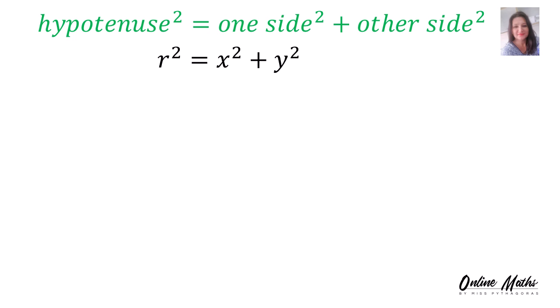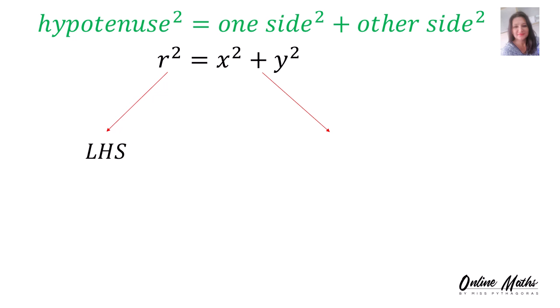So what you do is you will take the left hand side of this equation, which is the hypotenuse squared, and you will work it out, and you call that the left hand side of the equation. And then you will do a separate sum, and it's x squared plus y squared.